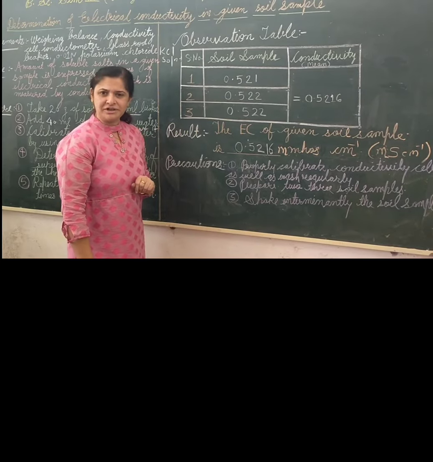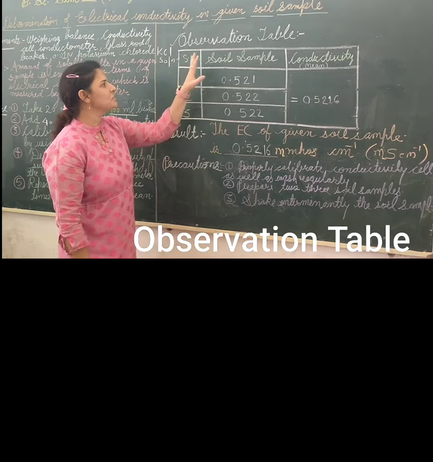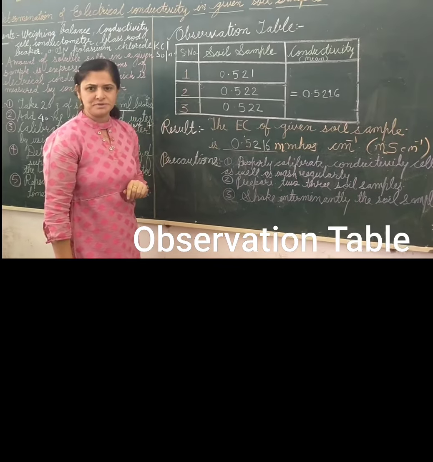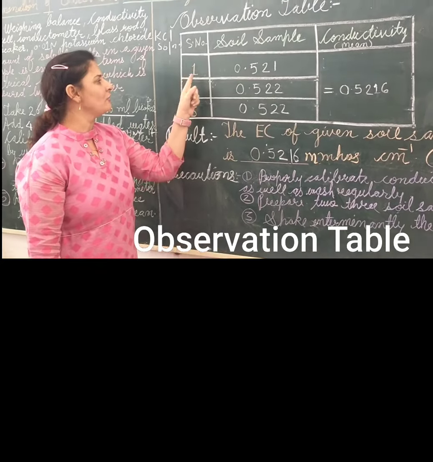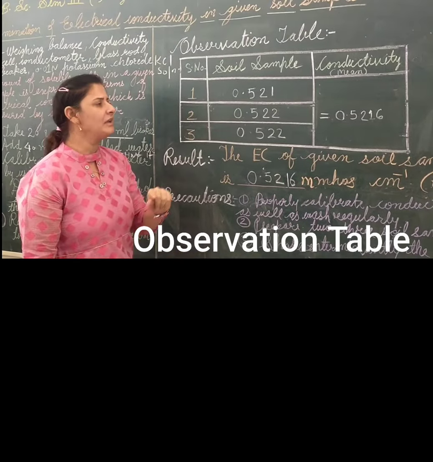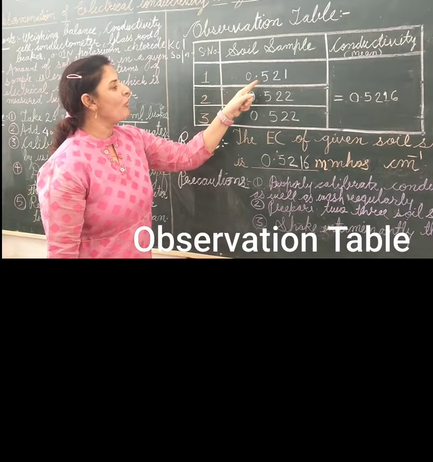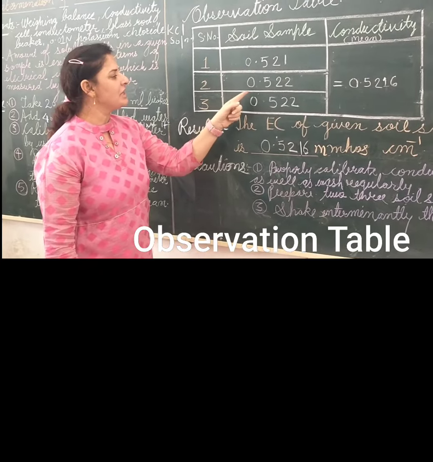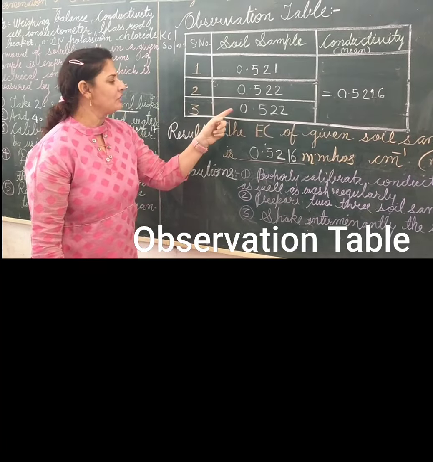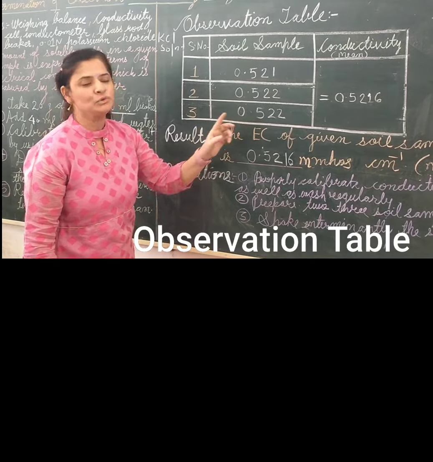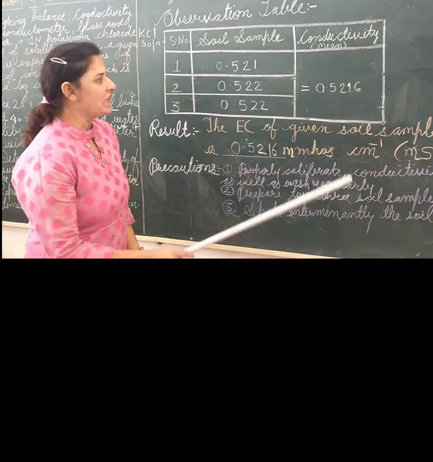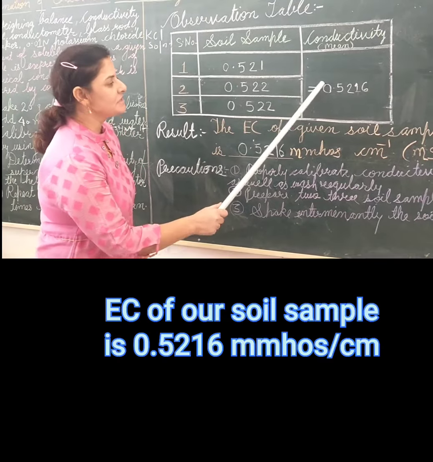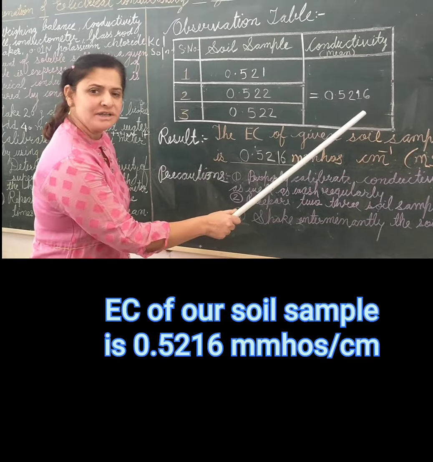After taking the readings of electrical conductivity, we will discuss what we have observed. We have taken 3 concurrent readings. First, our electrical conductivity reading comes 0.521. Our second reading is 0.522 and our third reading is 0.522. After taking the mean, our electrical conductivity reading is 0.5216.